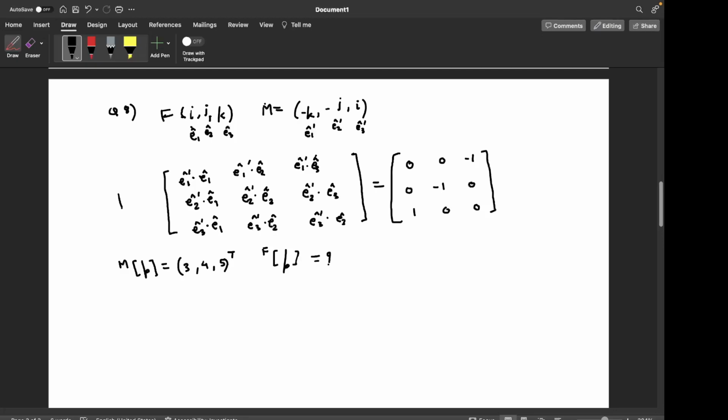So this rotation matrix transforms from F frame to M frame, right?